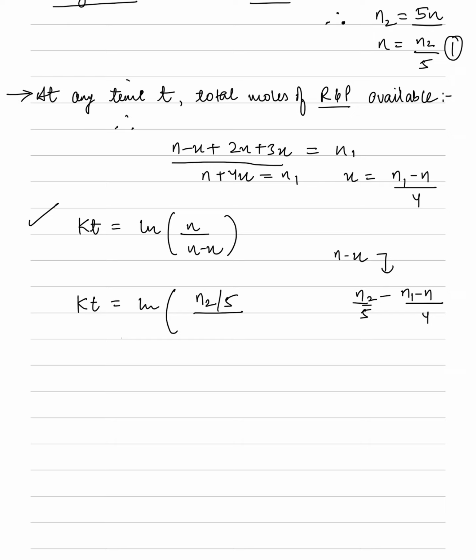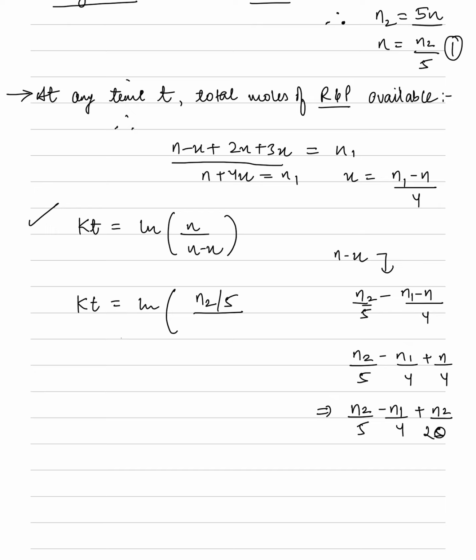So it is N2 by 5 minus N1 by 4 plus n by 4, right? And what is n? n is N2 by 5. So it will be N2 by 5 minus N1 by 4 plus N2 by 20, right?